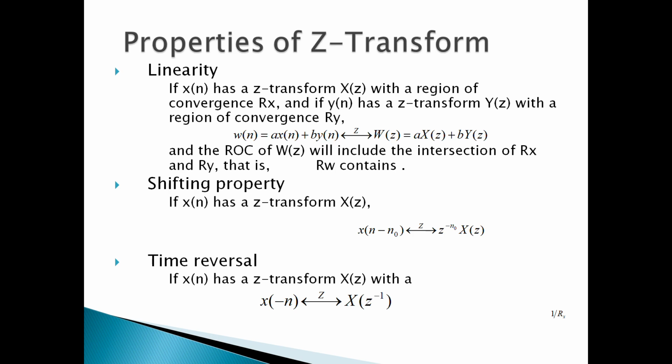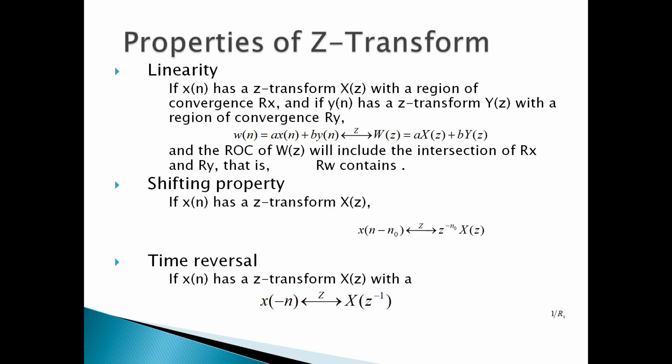It says if x[n] has a Z transform of X(z), then x of n minus n0, the Z transform will be z to the power of minus n0 into X(z). Another property is time reversal.